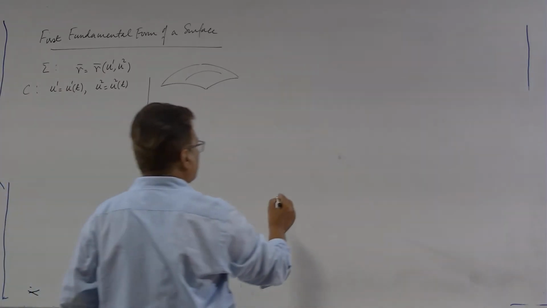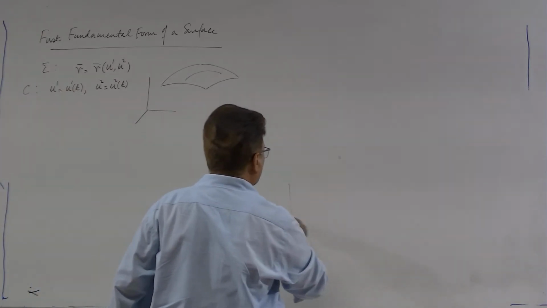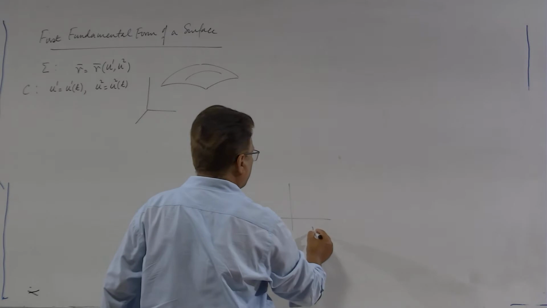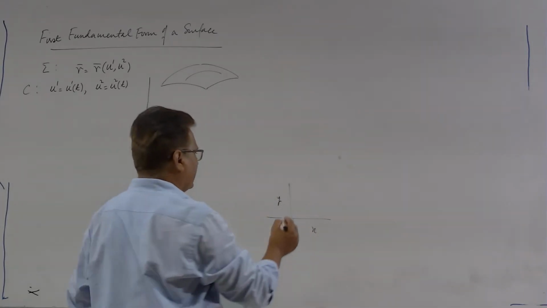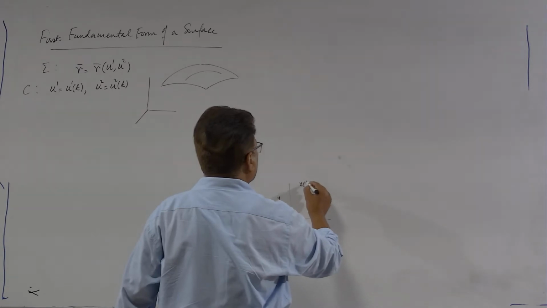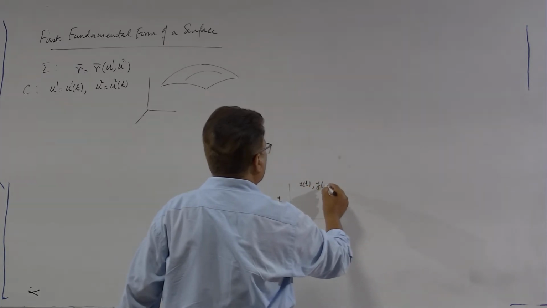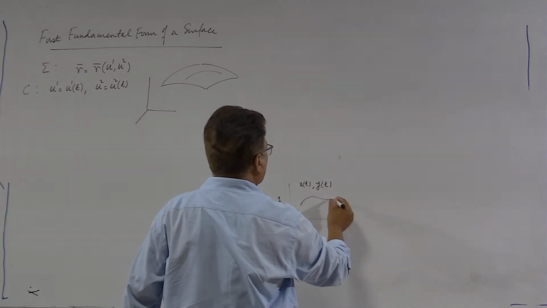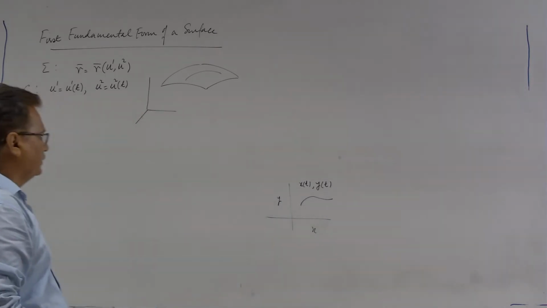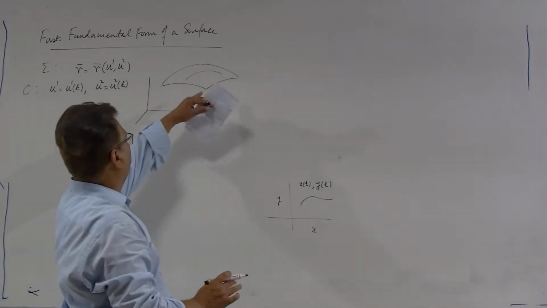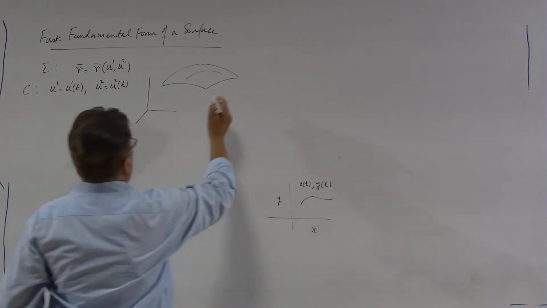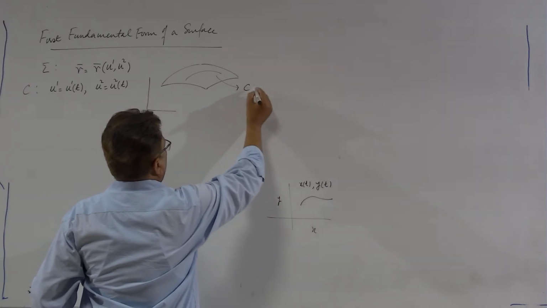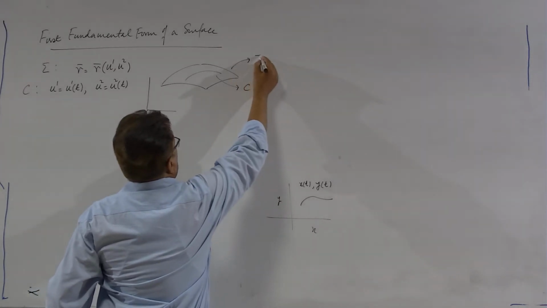As you do in case of a plane, if the two coordinates x and y become functions of a single parameter, then x(t), y(t) will give you a curve here. Okay. So, now instead of a plane, I am taking a surface, and the parametric equation of the curve will be u1(t), u2(t). So, this is the curve C, this is the surface sigma.